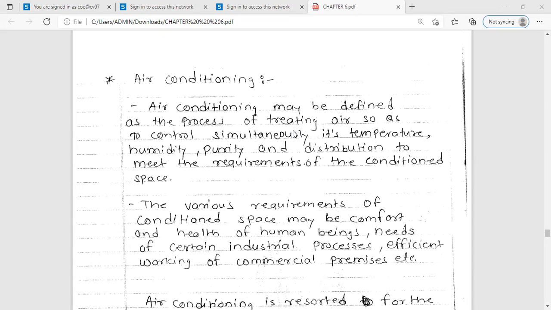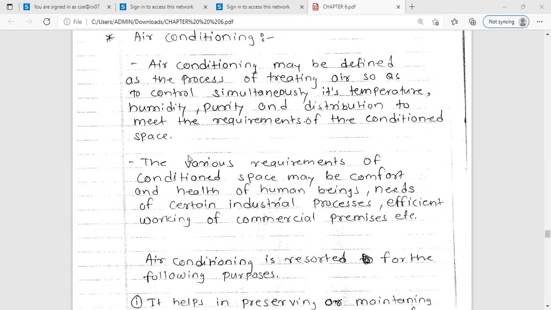Okay, but in air conditioning we go for maintaining the temperature of air, humidity of air, then purity, and we also ensure about the distribution of air into each and every corner of the room. Okay, or building. So here we are discussing about the air conditioning.